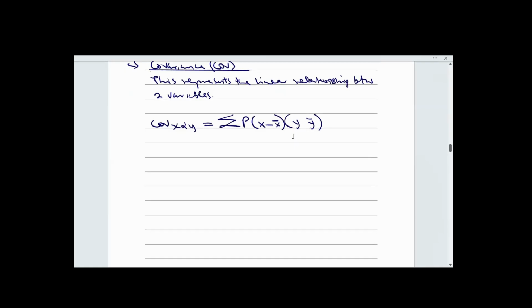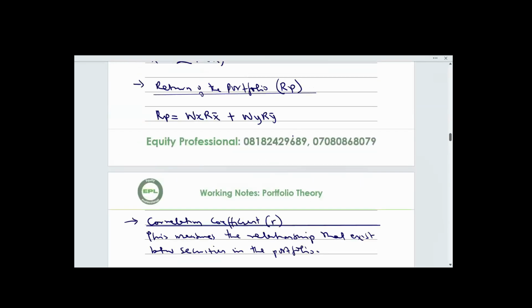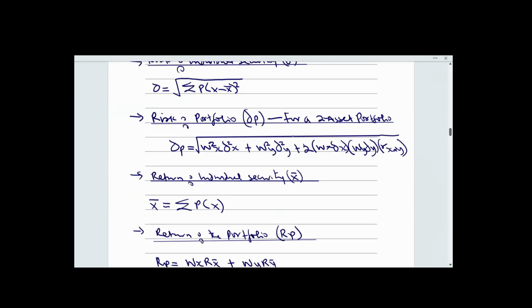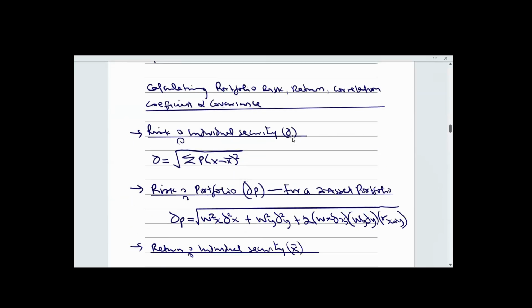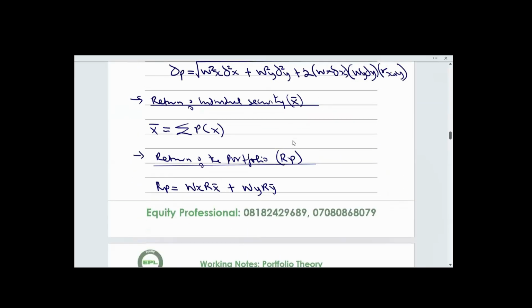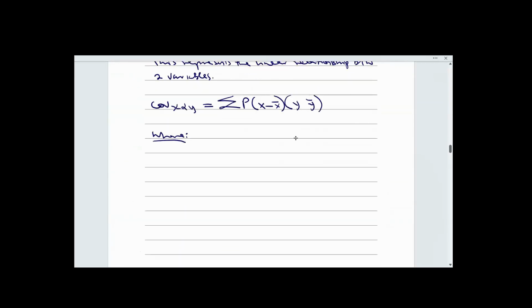So let's define the variables. D is standard deviation. P equals probability.